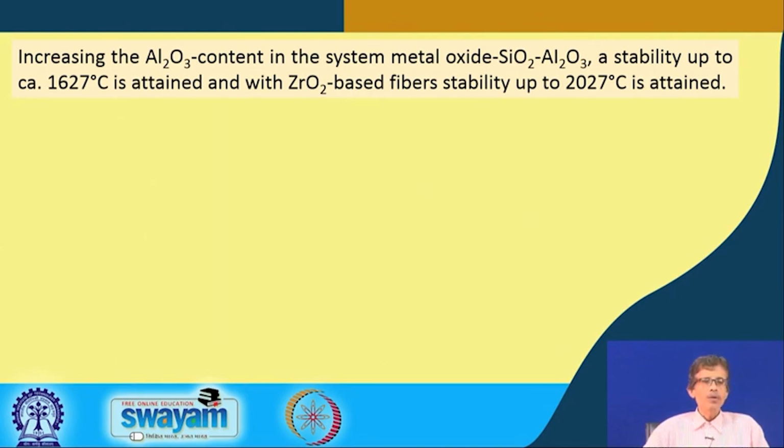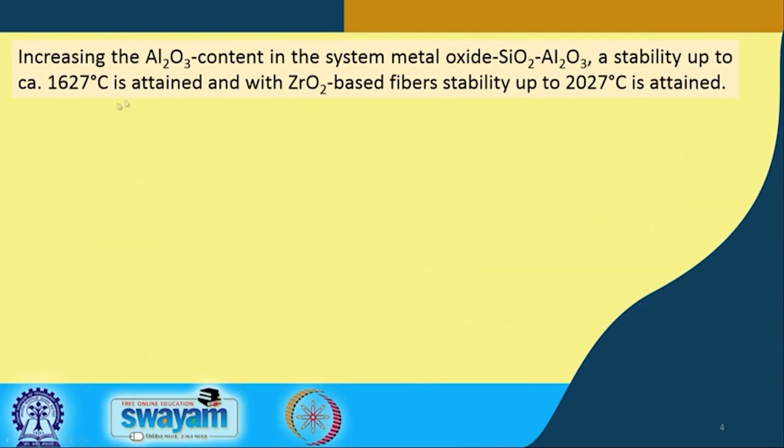So, what happens now if we change or allow the corresponding alumina content in the system, where you can have three components: one is your metal oxide, another is your silica and the third is your alumina. So, we can reach a temperature range of plus 1600, that means around 1627 degrees can be attained with that particular composition of that inorganic fiber.